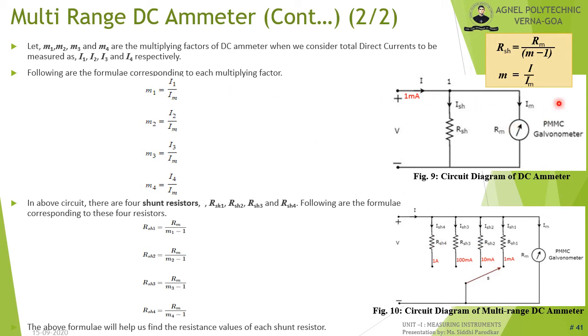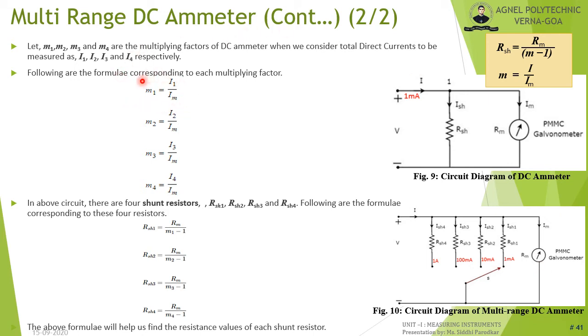In the previous slides, we have derived equations for the shunt resistor RSH is equal to Rm upon m minus 1 and the multiplying factor as m is equal to I upon Im for the single shunt resistor connected in parallel with the PMMC galvanometer. Using the same analogy, we can find the values of multiplying factors and the shunt resistors as M1 is equal to I1 upon Im, where I1 is the total DC current to be measured by using the shunt resistor RSH1, and Im is the current flowing through the PMMC galvanometer.